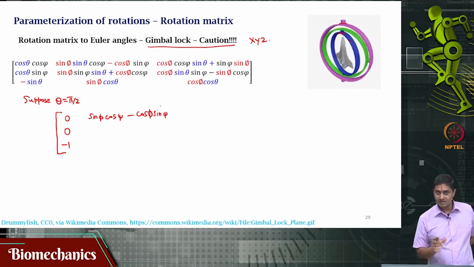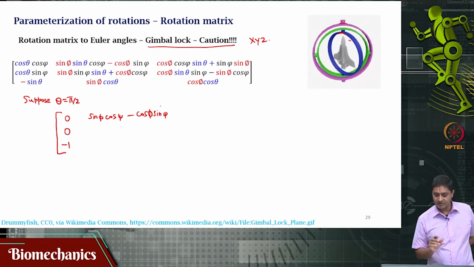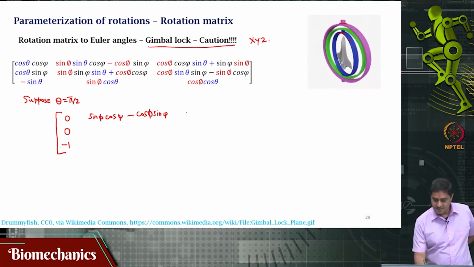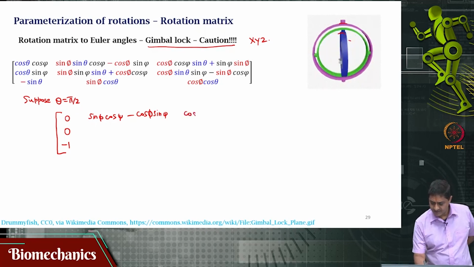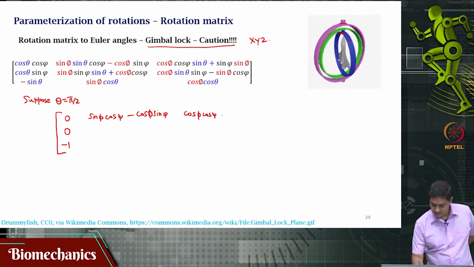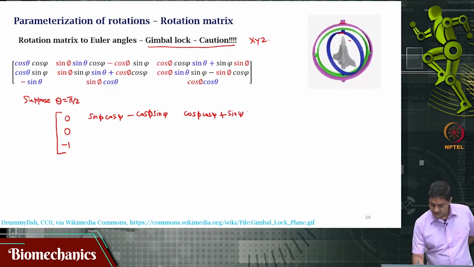Already I am getting some hints about what is happening, because this looks like a trigonometric identity, but let me proceed. The next one is cos phi cos psi sin theta. Sin theta is 1, so I write this as cos phi cos psi plus sin psi sin phi.